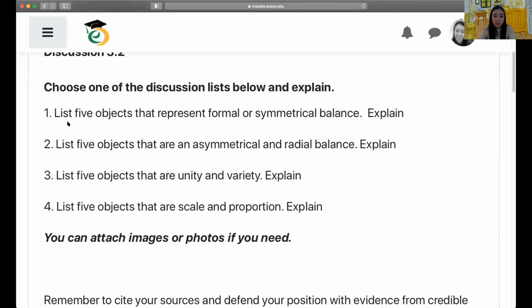Number one, list 5 objects that represent formal or symmetrical balance. Number two, list 5 objects that are asymmetrical and radial balance. Number three, list 5 objects that show unity and variety. Number four, list 5 subjects that show scale and proportion. You can attach images or photos if you need. Do you have any questions?